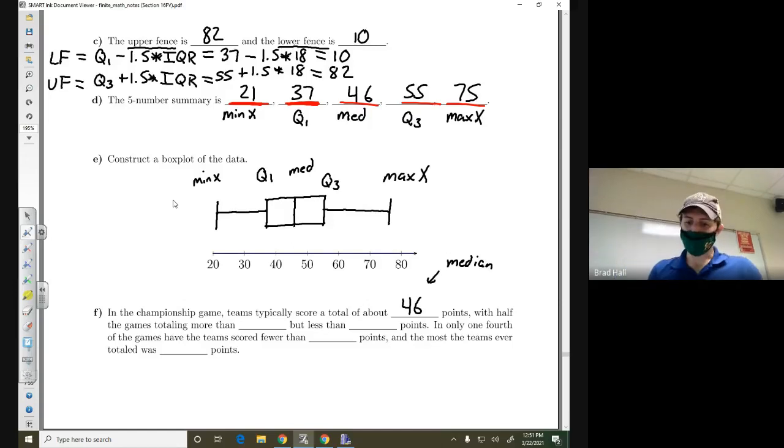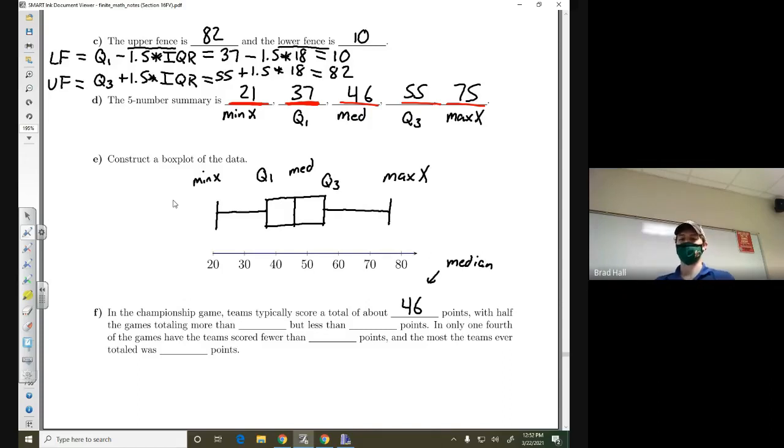With half of the games totaling more than blank, but less than blank points. What about those two? Well, this one's just half. From the min to the maximum, that would be not half, but everything. We want just half.